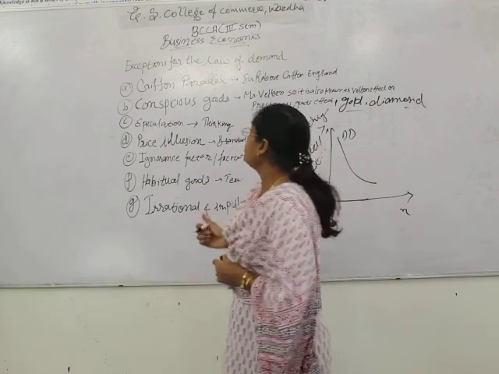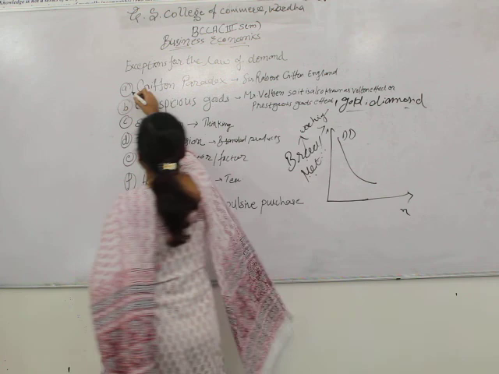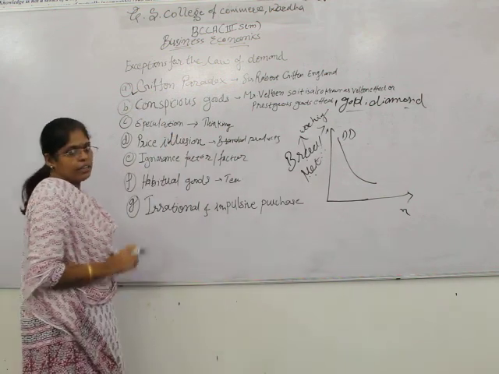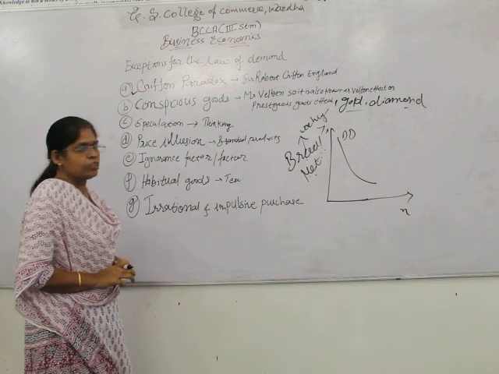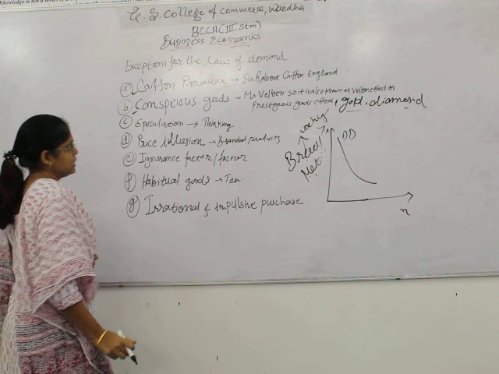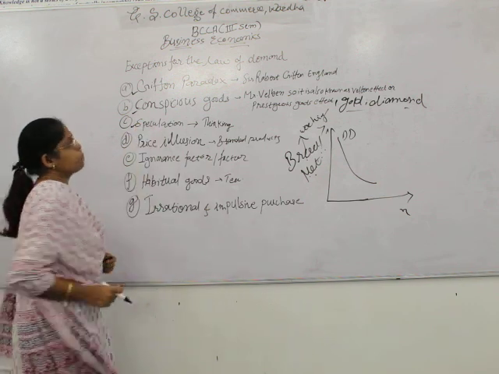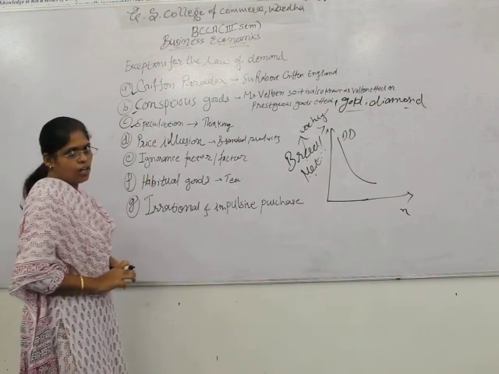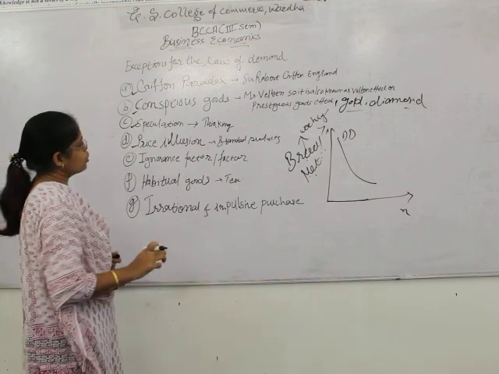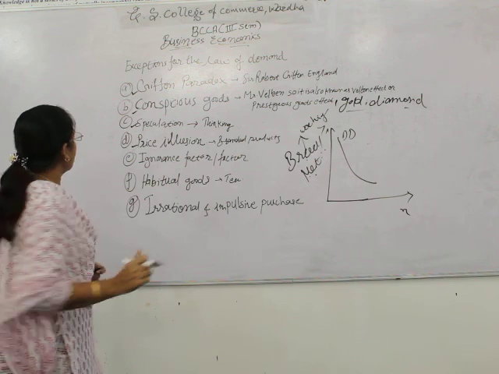So how many exceptions have we seen? One, Giffen paradox. Sir Robert Giffen of England gave the example of bread and wheat. Then conspicuous goods, that is the second point. Third is speculation, the thinking or mindset of the consumer. Fourth is price illusion, wrong perception regarding branded products.